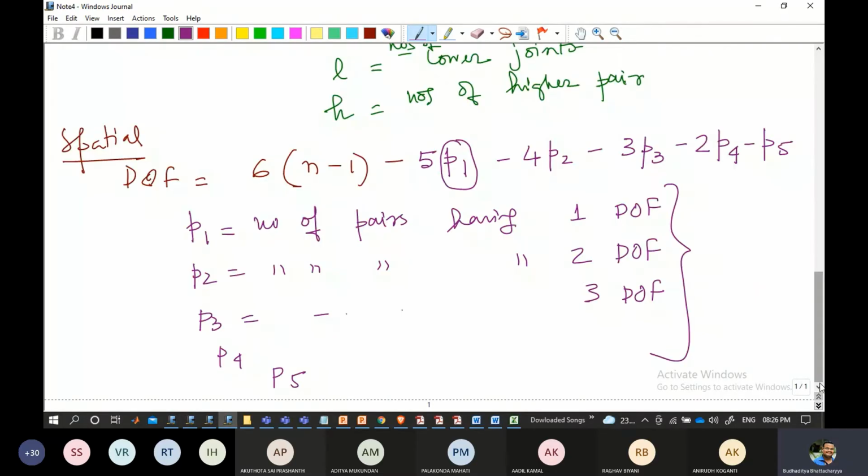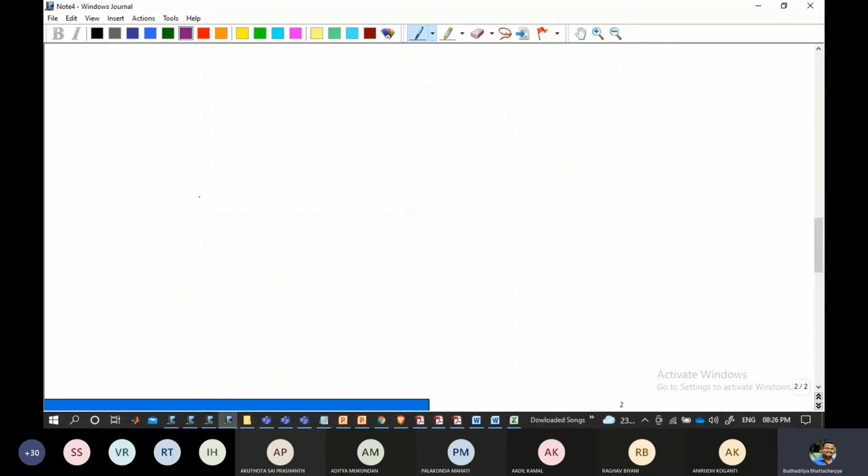See the beauty, after this with the example you will find. So this is the first of the criteria. The second criterion that we are going to discuss, leading from the same discussion, is called Grubler's criterion, because this is a criterion which is derived from the Kutzback criterion.